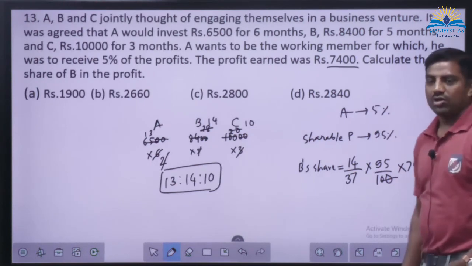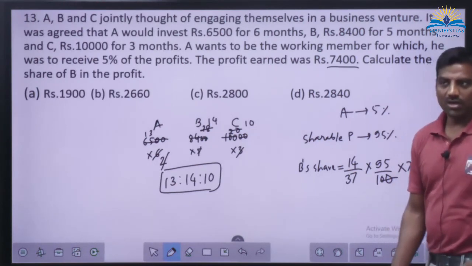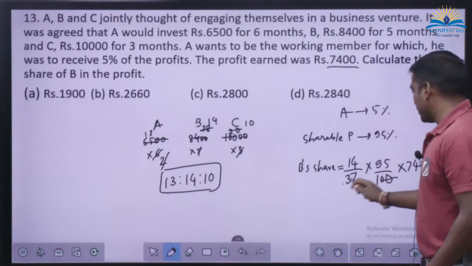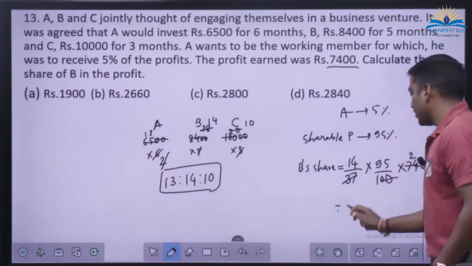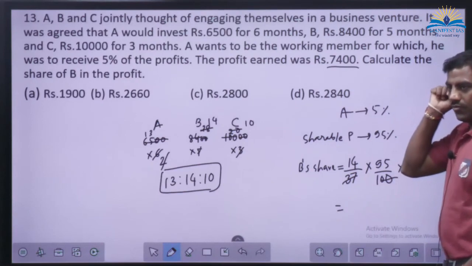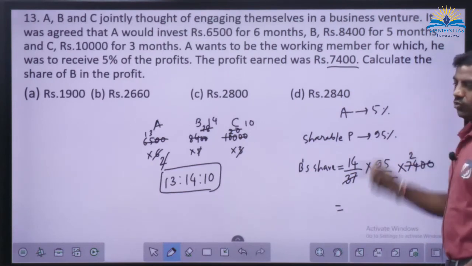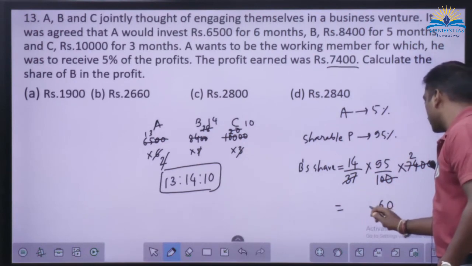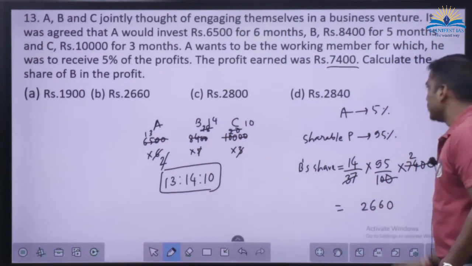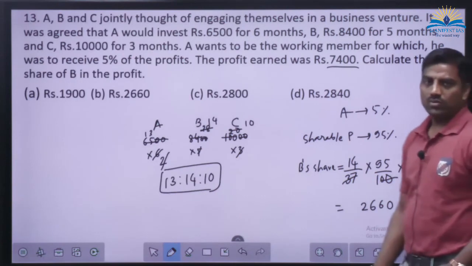Already you are having good relation with 37 and 74. 37 ones are, 37 twos are. So multiply 14 into 95 into 2. 14 into 190. 2,660.